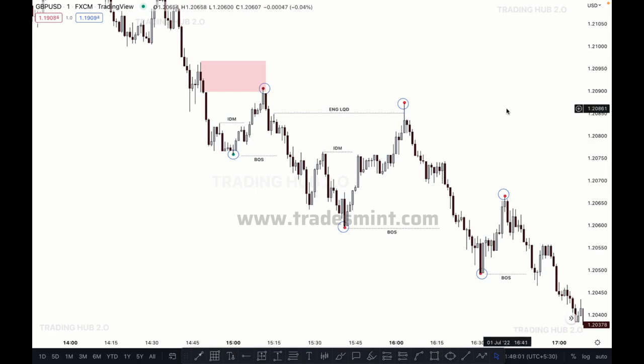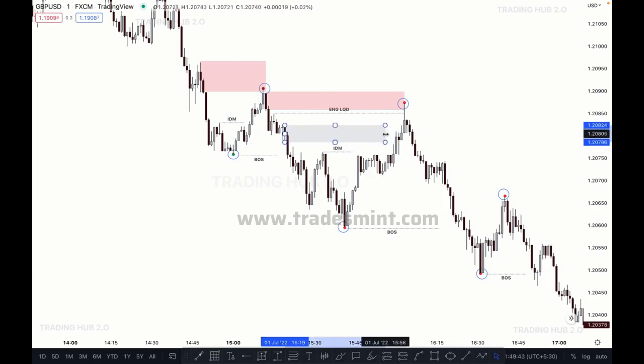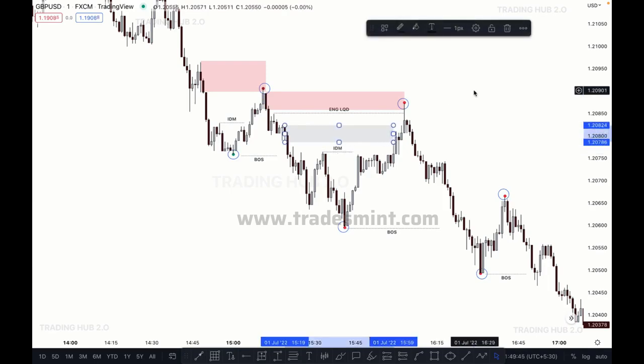Remember one thing: inducement is a 50-50% probability setup, and engineering liquidity is a high probability setup, because once the market breaks this high, which is here, that means momentum has shifted from bearish to bullish. And if you take a trade based on the inducement, it is a 50-50% chance of the probability going in your direction and maybe against you.